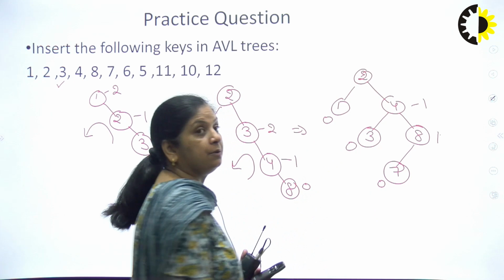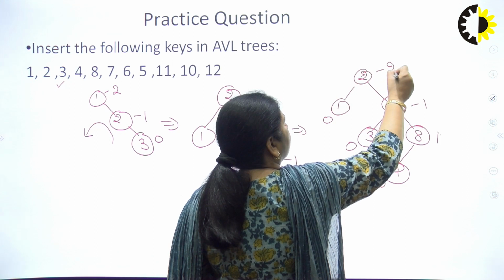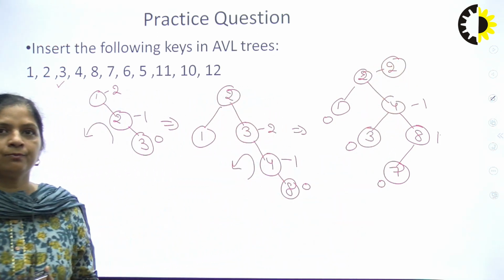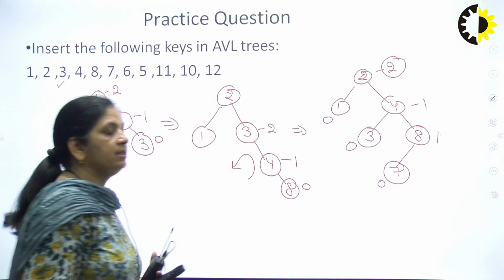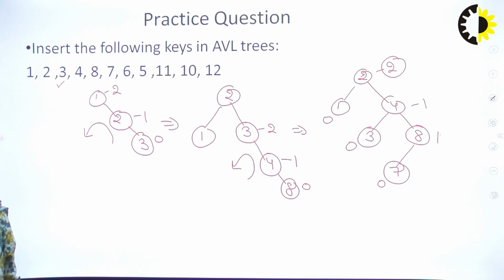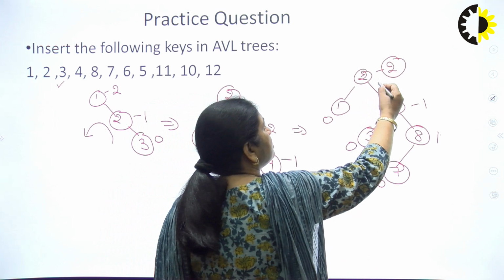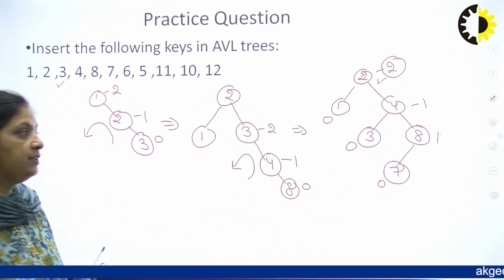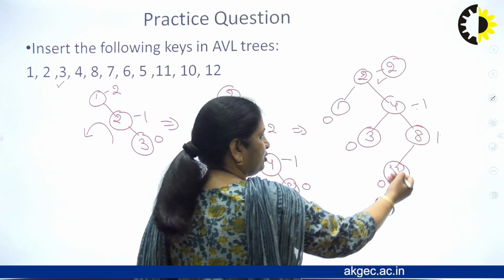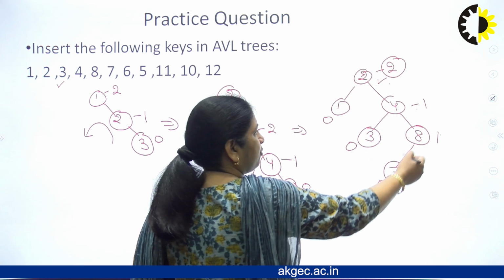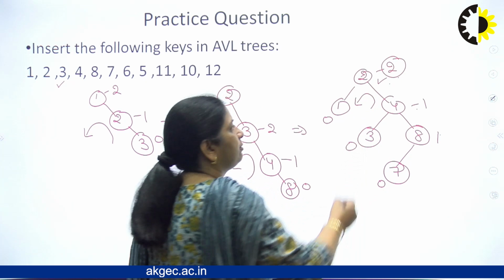Its difference is 0. And this is 1 minus 3, that is -2. Again we are having disbalancing, but what type of disbalancing is it? Do we need single rotation or double rotation? I got a negative sign for the violating node. Now it is -2, -1, so we need a left rotation.